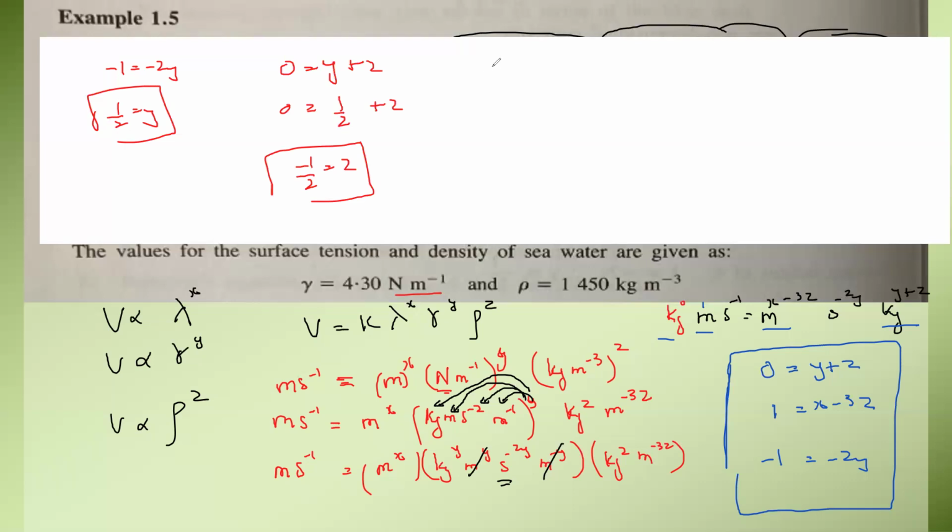And what about x? Here, 1 is equal to x minus 3z. So when we substitute minus 3 and then minus 1 by 2, this will become 1 is equal to x plus 3 by 2. Move to the other side. 1 minus 3 by 2 is equal to x.